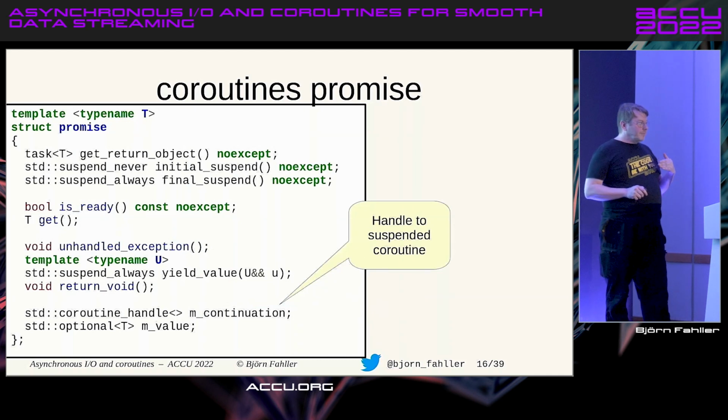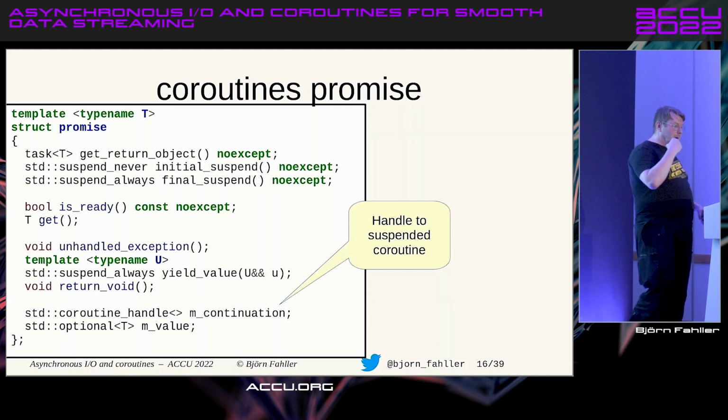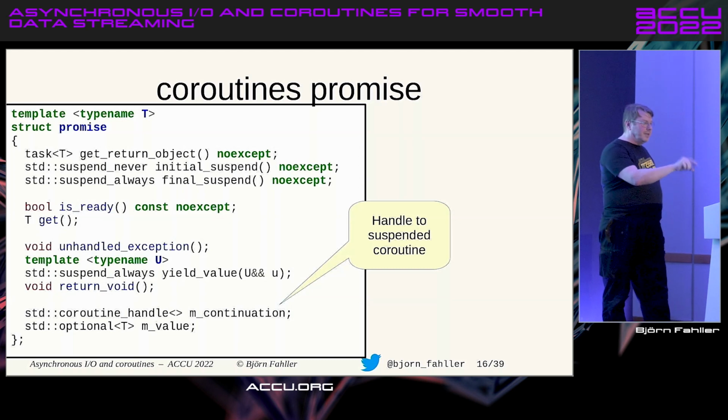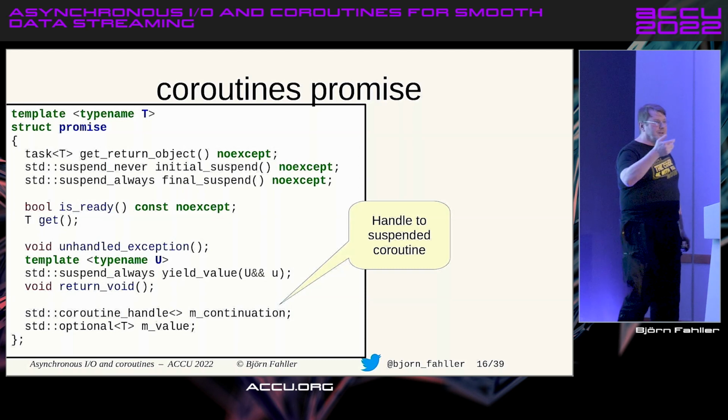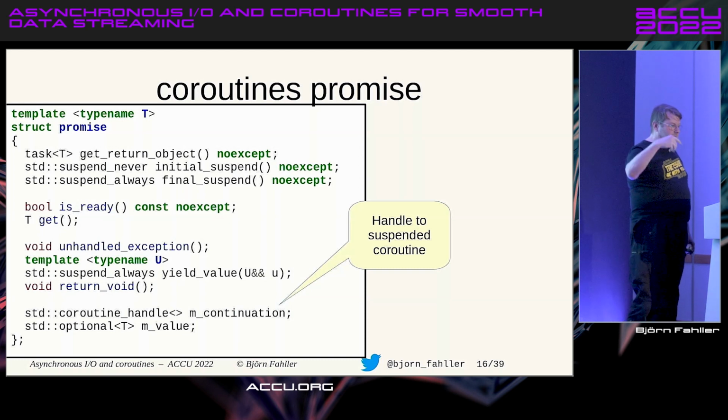And here, for the promise, we store a continuation. So when the coroutine is suspended, we store that coroutine as the continuation, so that when the other one is done with its work and wants to wake this one up again, it can say, this is the one to continue with.